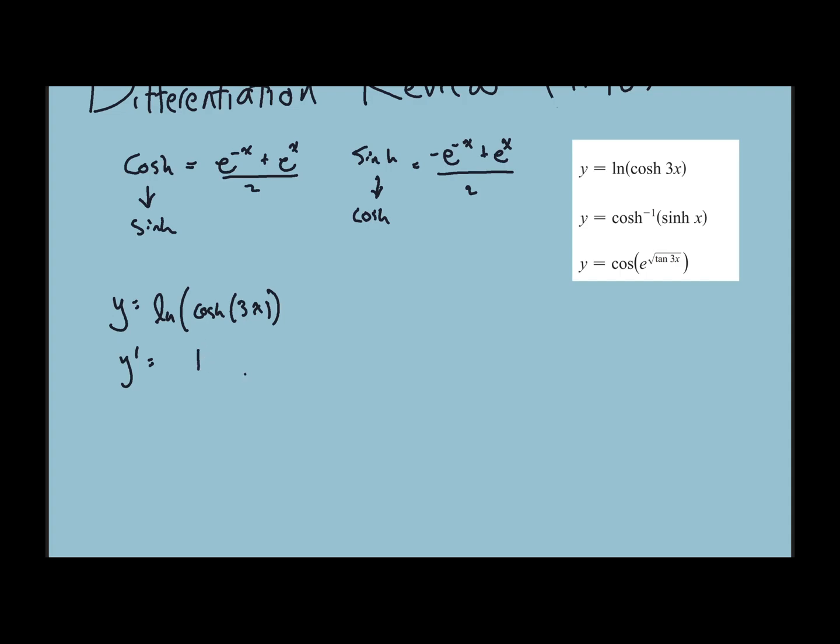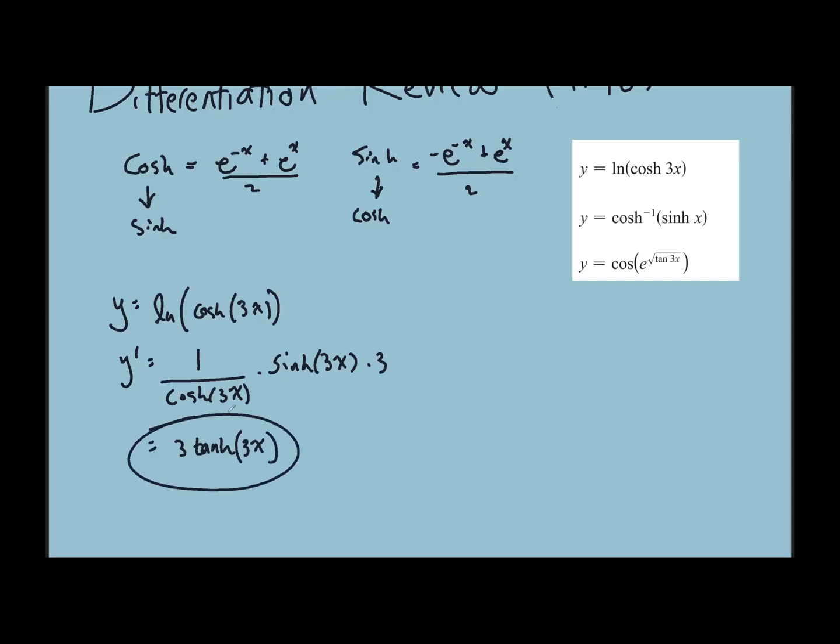So the derivative of natural log would be 1 over hyperbolic cosine of 3x times the derivative of the inside. Well, that's hyperbolic sine of 3x. And then times the derivative of the inside again, that's times 3. So what do we end up with? We get 3 times hyperbolic tangent of 3x. Very fast work.